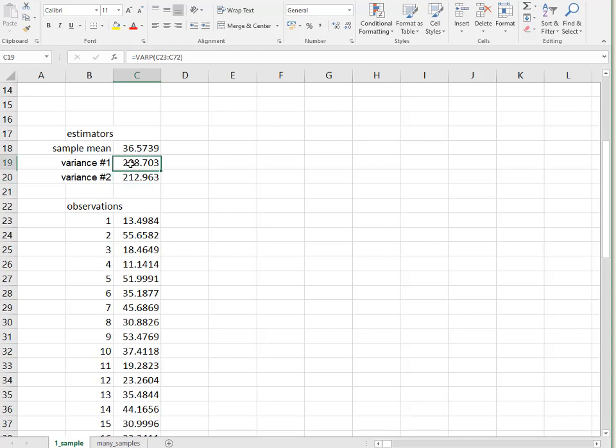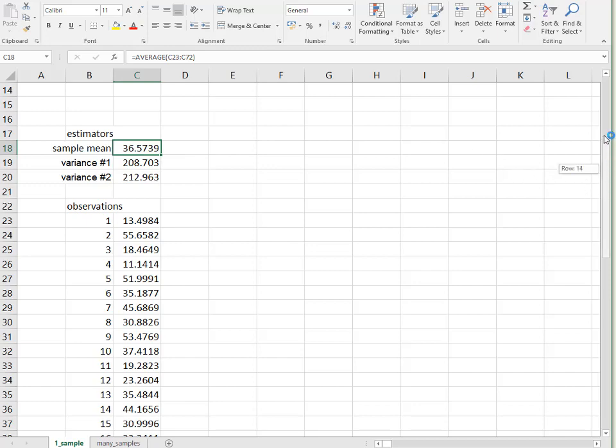That will give you this number here. If instead you divide by 49, you get this number here. So in this case, you're dividing by n minus 1, where n is the sample size. Here, you're dividing by the sample size, n. So you get two slightly different answers. That's why this one comes out slightly bigger, because it's divided by 49 instead of by 50.